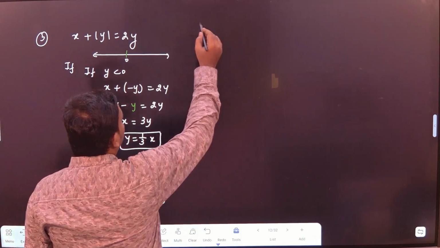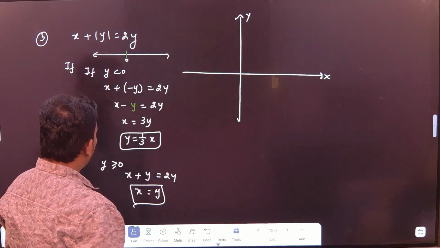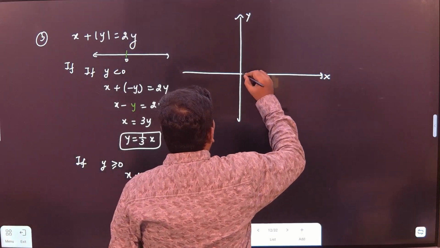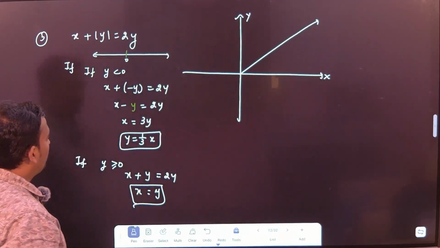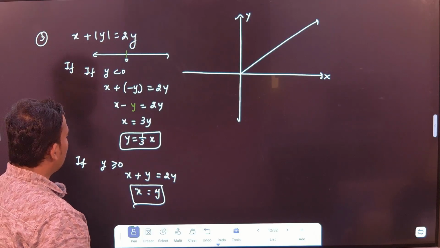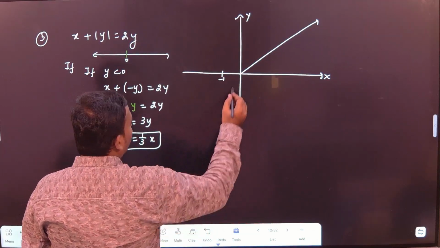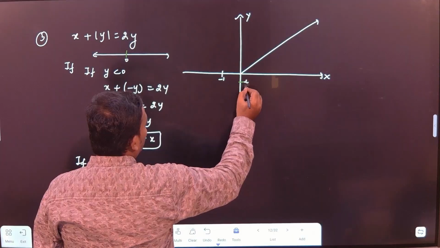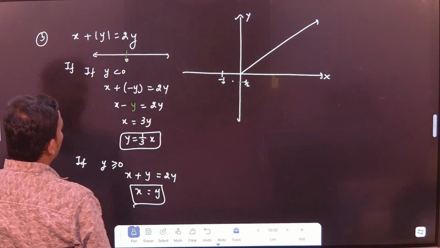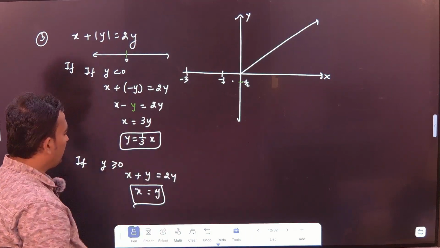Then how to draw the graph? You can see this is your x-axis, this is the y-axis. y is equal to x is there when x is greater than or equal to 0. y is equal to x means this graph. When you take 1/3 of x, for example, if I take x is minus 3, minus 3 by 3 is what?